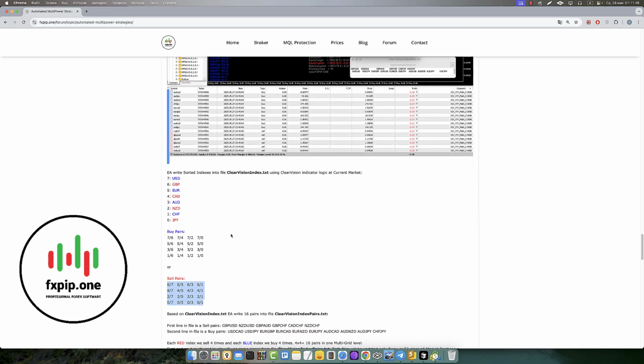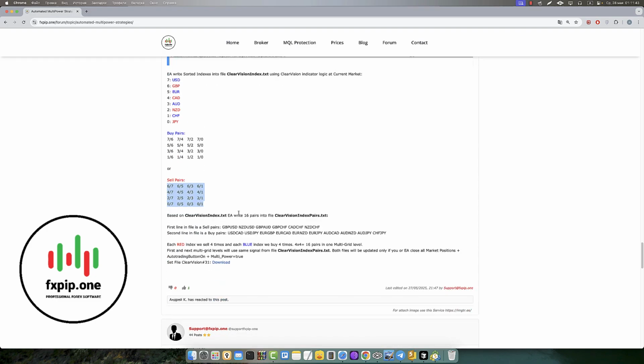You can only switch the Pipstep, set multi-grid to true, and you also have to control max spread to let the robot trade or not trade during news with big spread and maybe during night with big spread.